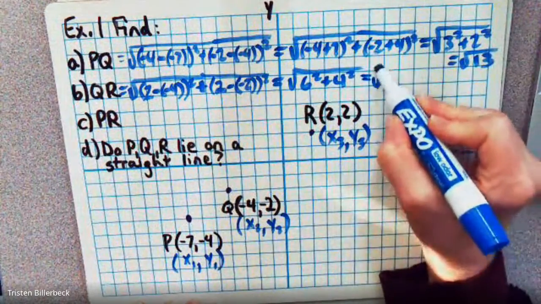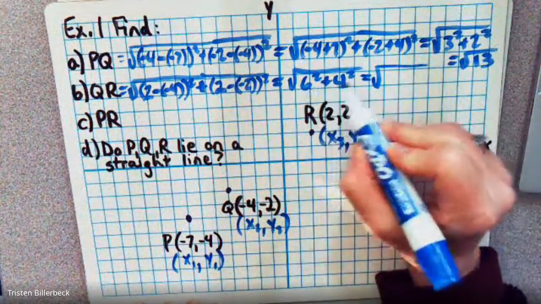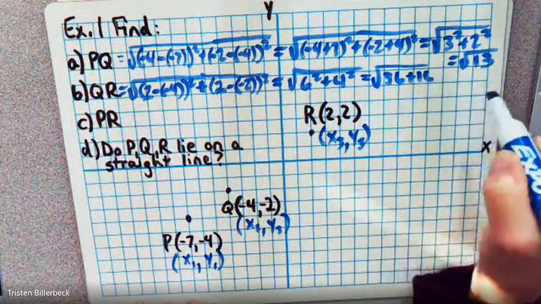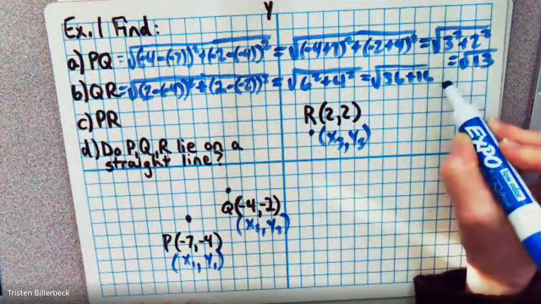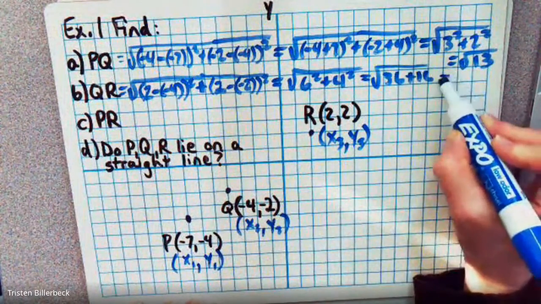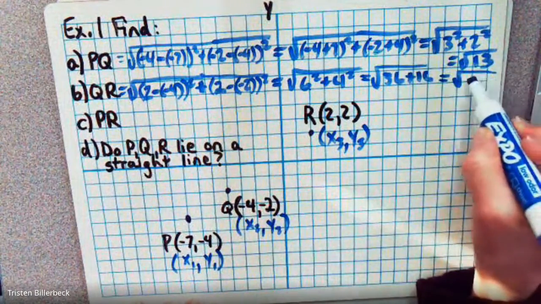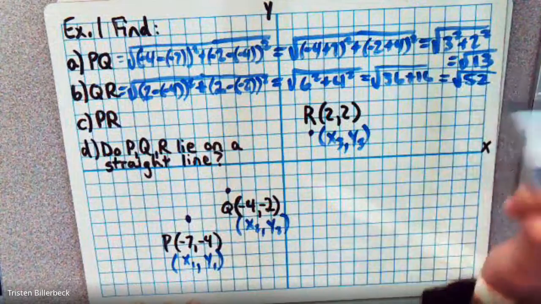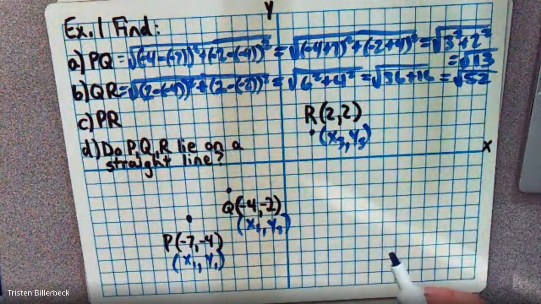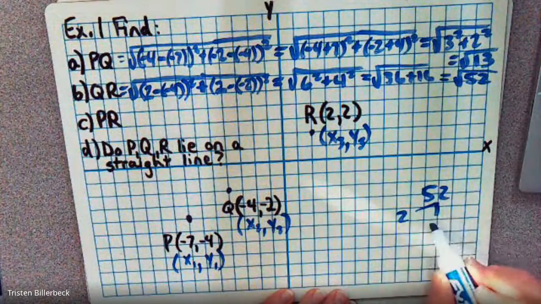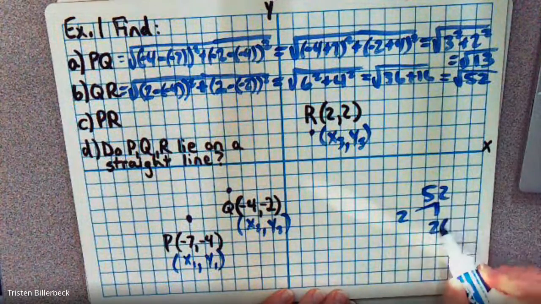And that equals the square root, and that's 36 plus 16. So that gives me a square root of, let's see, that's 52. If I divided 52 by 2, I get 26.